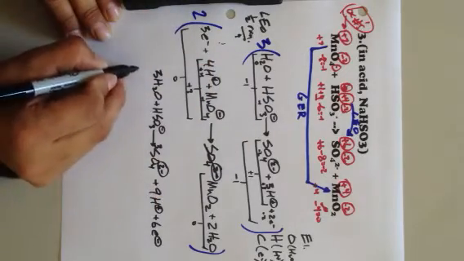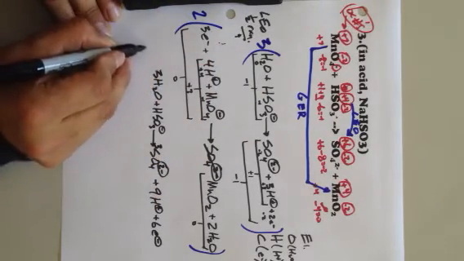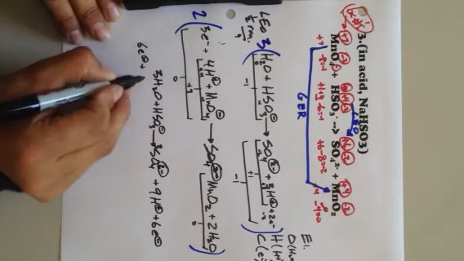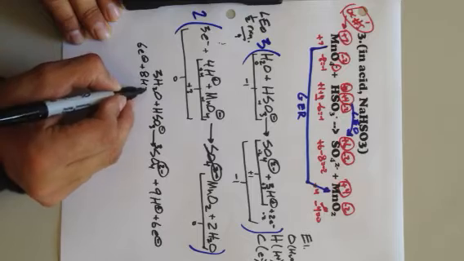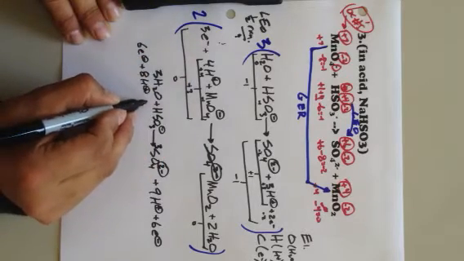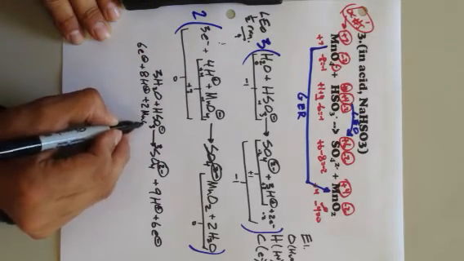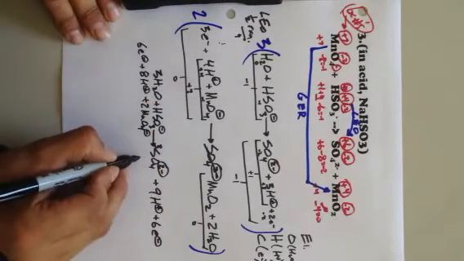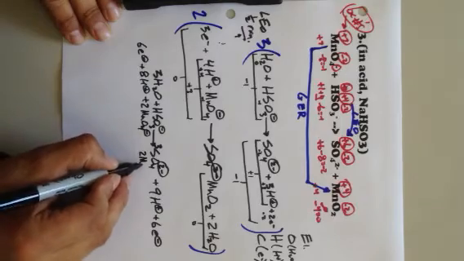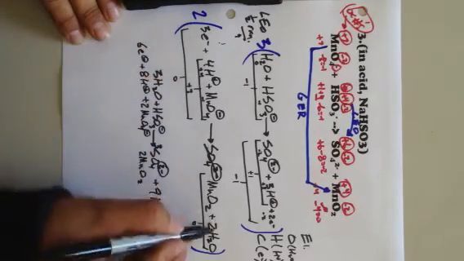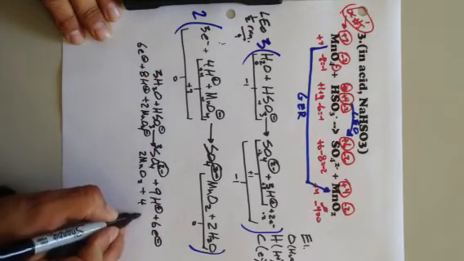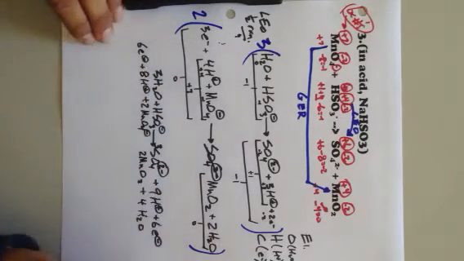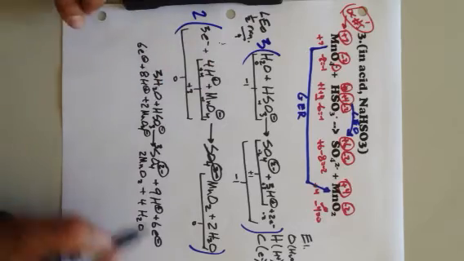Now 2 times 4 hydrogens is 8 H+, 2 times 3 electrons, plus 2 MnO4 minus, and then on this side over here, 2 times MnO2, and 2 times 2 is 4H2O. I mean, you could also just do the numbers here, but it looks messy. So I like to do it like this.